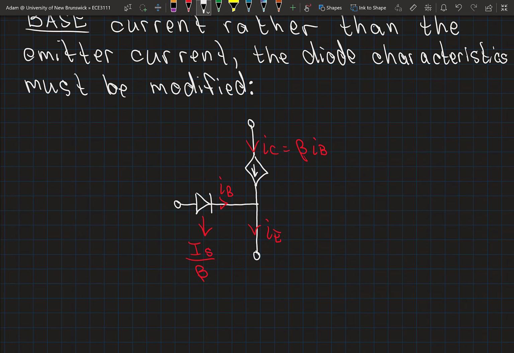And just let me label this, still representing the collector, emitter, and base here.